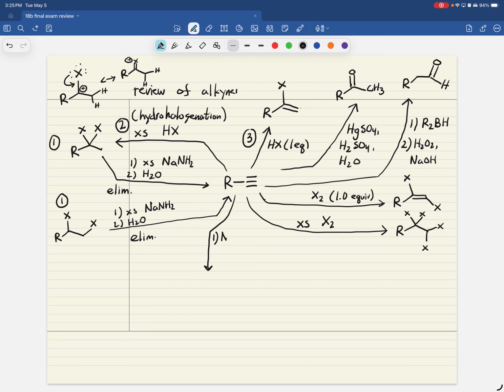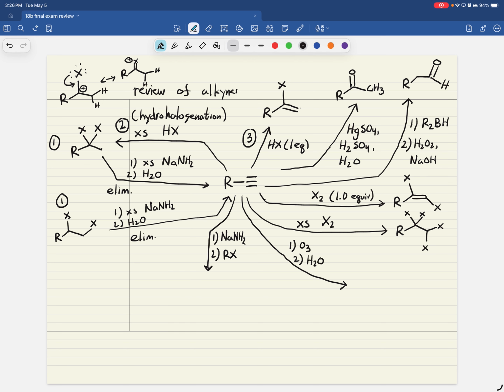So if I take sodium amide first, number 2, I'm going to react it with a haloalkane, a good leaving group here. So that's that first one. And then we're going to have another one here. O3, 2, H2O.